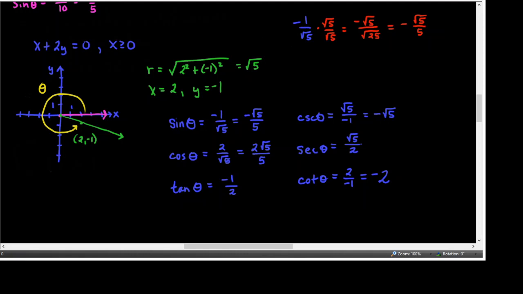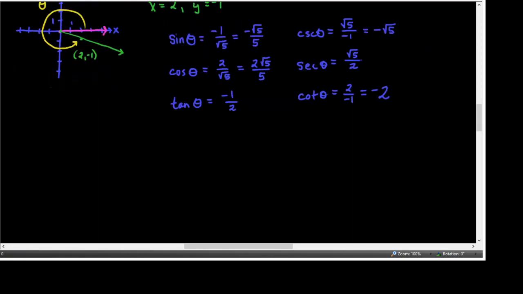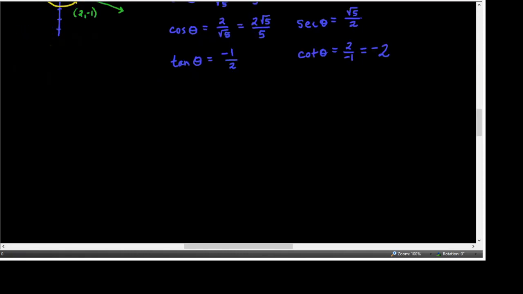Now, you may remember a vocabulary item I talked about in the last section was quadrantal angles. Those are angles whose terminal side ends on an axis. So we're going to start with 90 degrees. So x and y axes, and the initial side here, because it's in standard position.